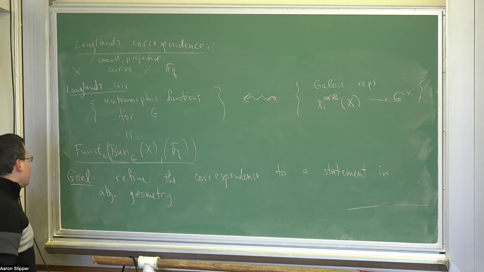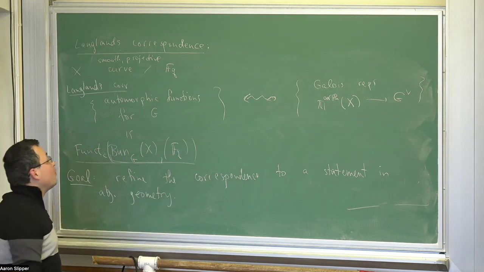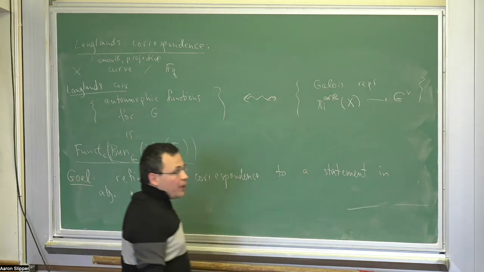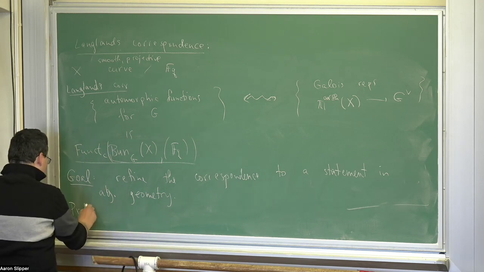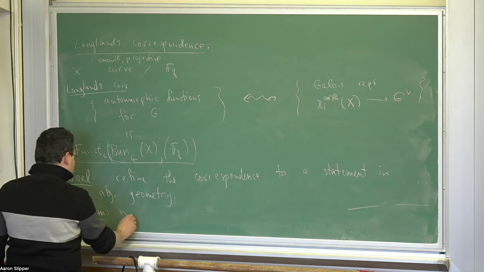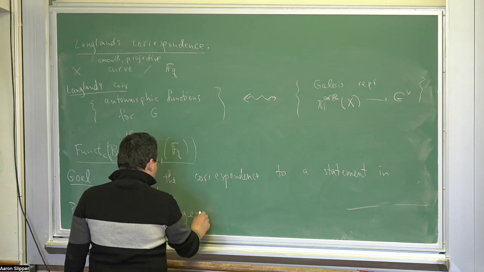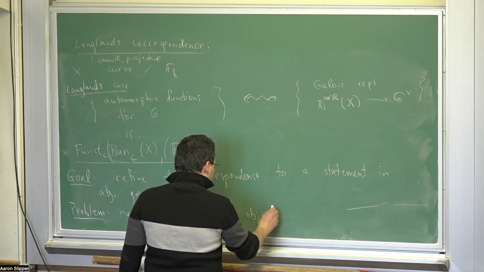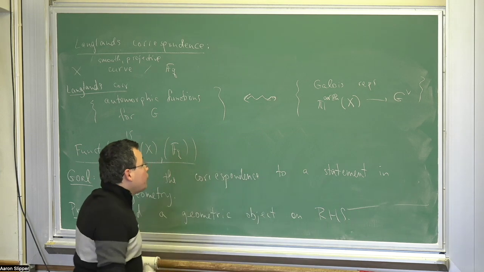One thing I hope to do is formulate a precise version of a conjecture that's at least probably correct that involves geometric objects associated on both sides, and the problem is we need a geometric object on the right-hand side. So that will be the goal.